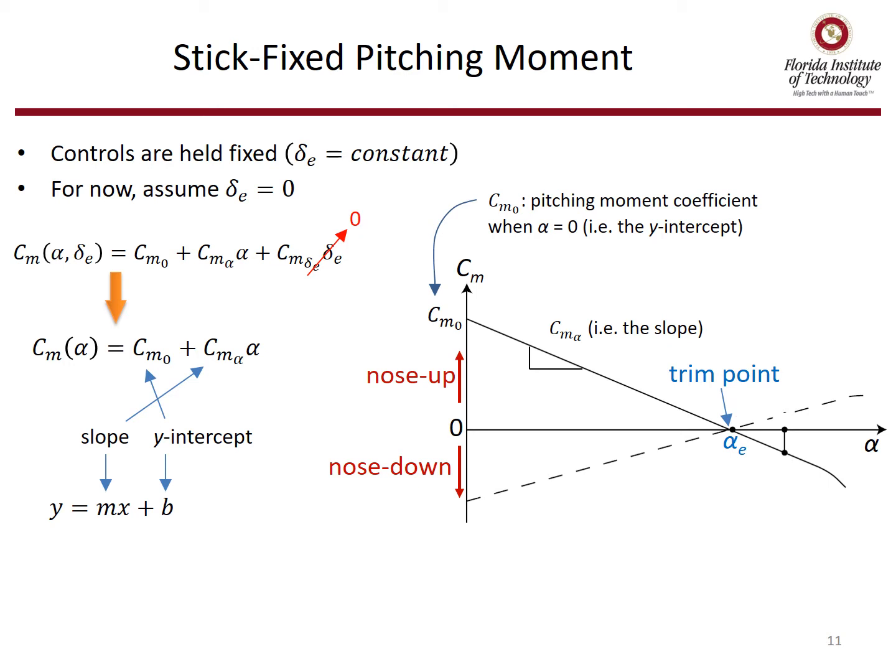On the graph shown on the right, you can see that that slope is negative. So we have a positive y-intercept, a negative slope, and then the line eventually intersects the x-axis. When it intersects the x-axis, the overall pitching moment, the y-axis value, is now 0, which means the airplane is trimmed. There is no pitching moment. And so that angle of attack, which is the x-axis, that got us to that point is the trim point, or the trim angle of attack, alpha sub e.